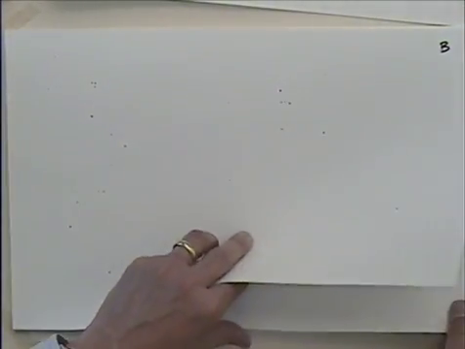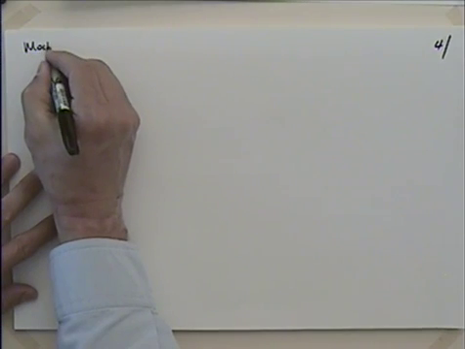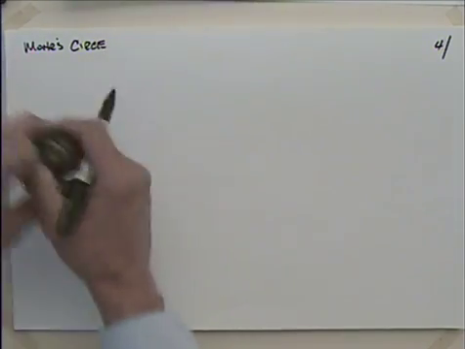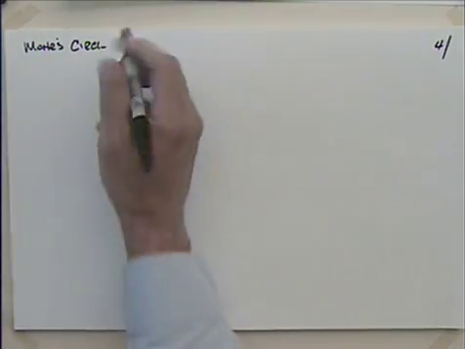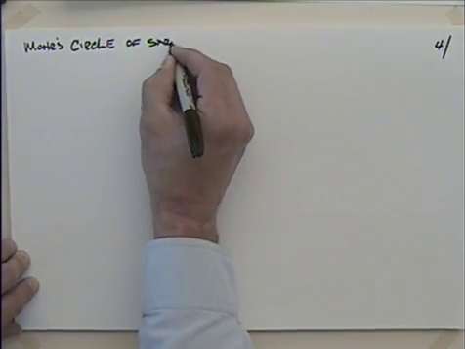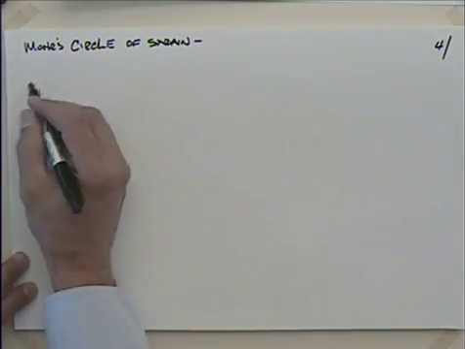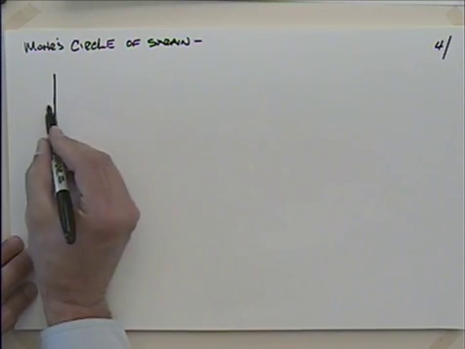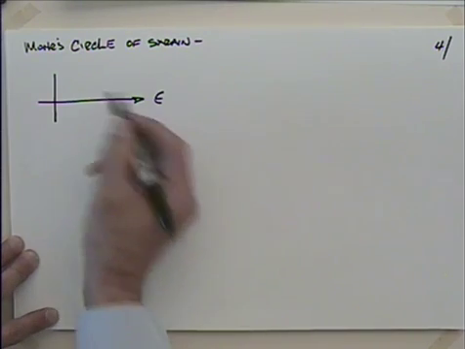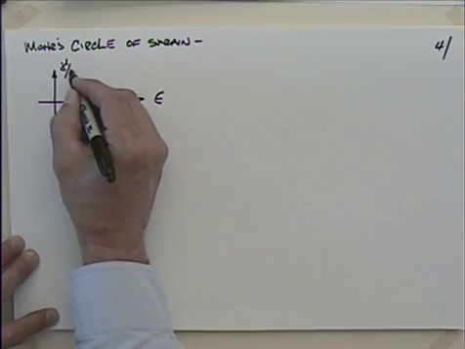Well, let's do that then. So if we look at Moore's circle of strain, looking at Moore's circle of strain, we're going to have an axis that looks like this, where we have epsilon and we have gamma over 2.